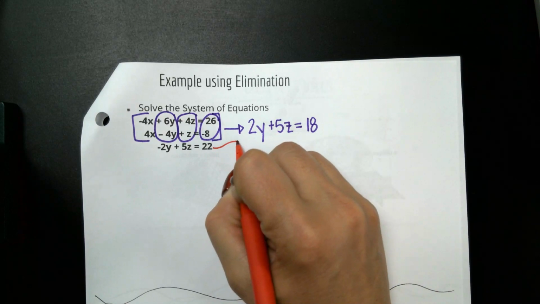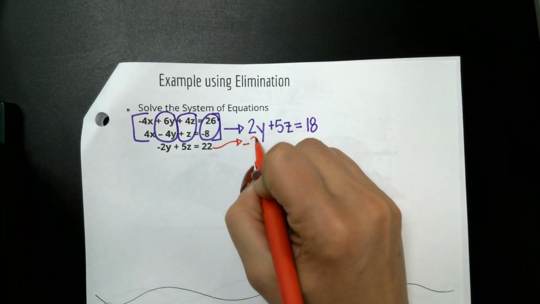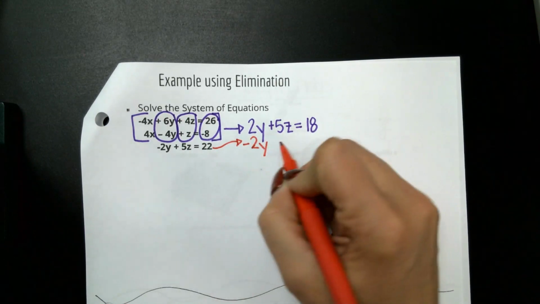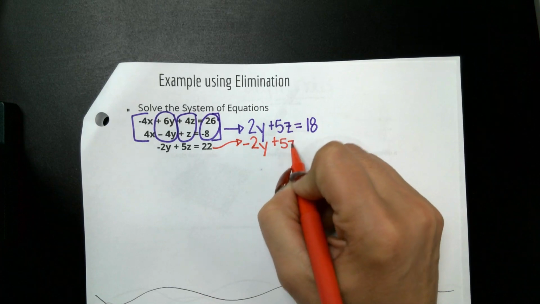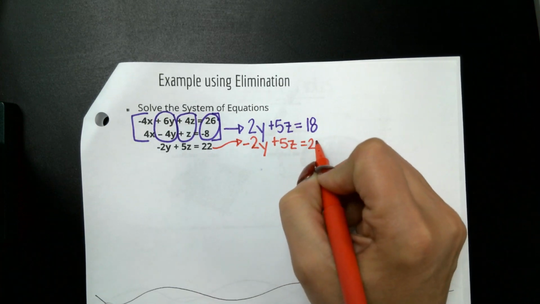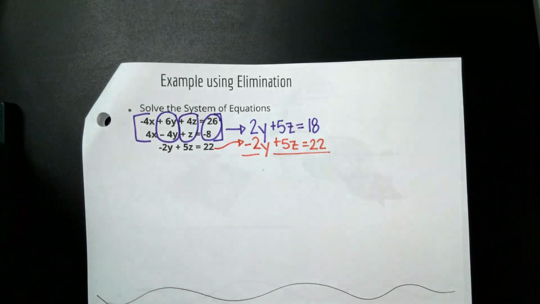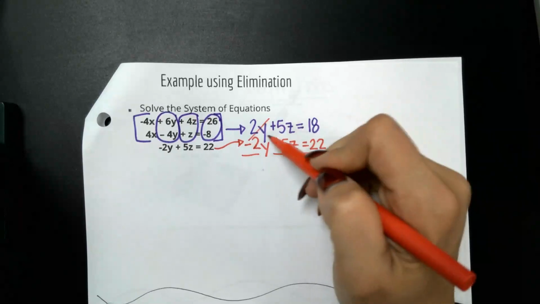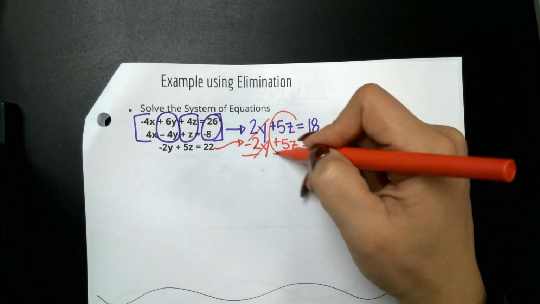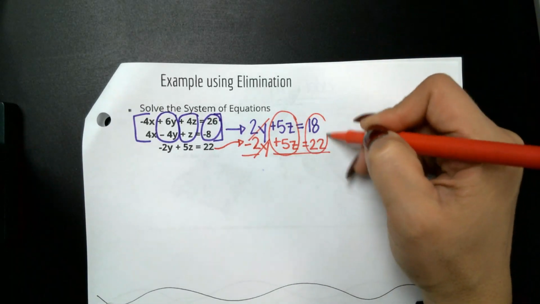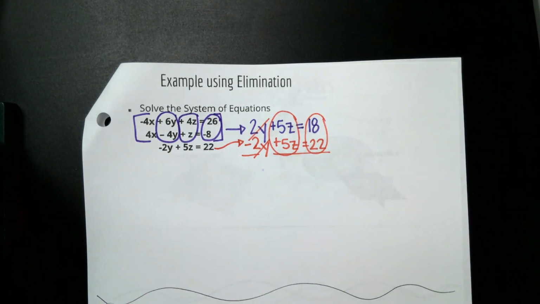So I get to bring this guy over here, pair them up, and not only that, but what happens when we pair them up? No, they both don't cancel. It's just the y's. Remember, their signs have to be opposite for them to cancel. So the y's will cancel. We can add our z's, and we can add our constants, and we have our first answer.